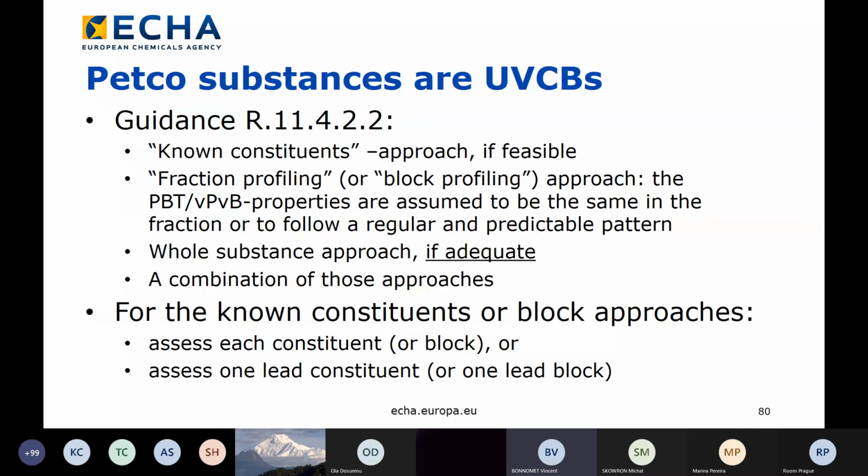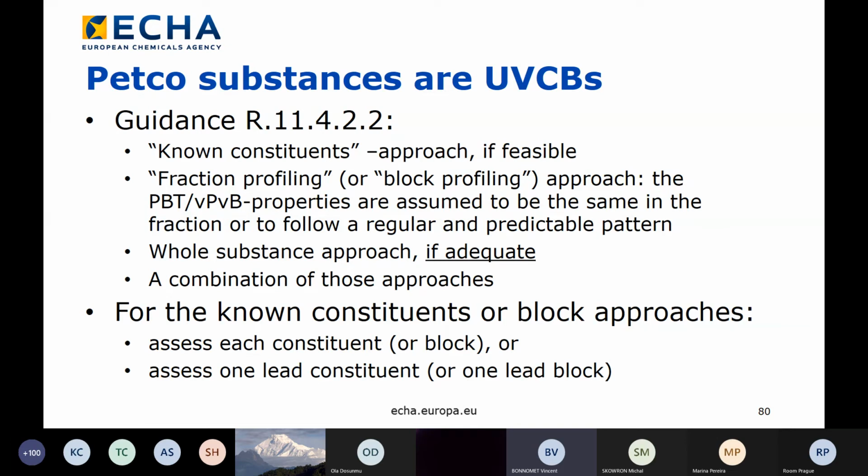And as you can imagine, I don't think it is the case for any of the PETCO substances. And of course, it's possible to have a combination of those different approaches.